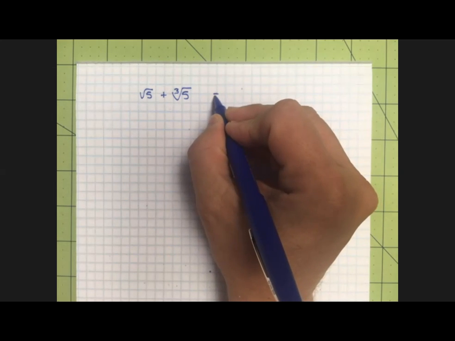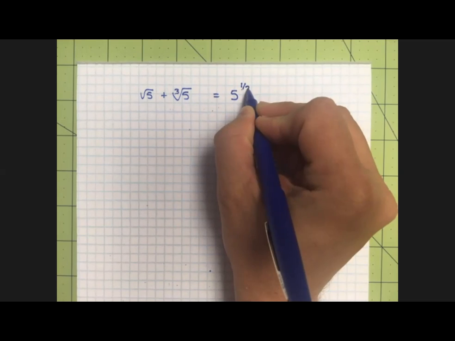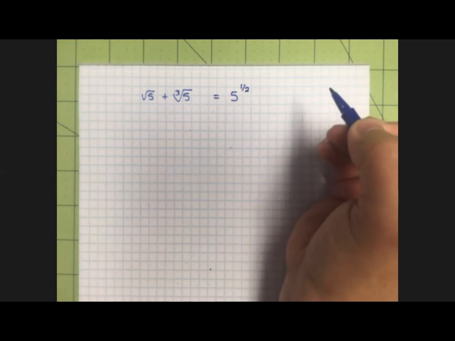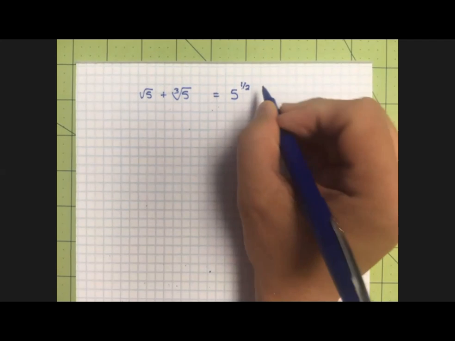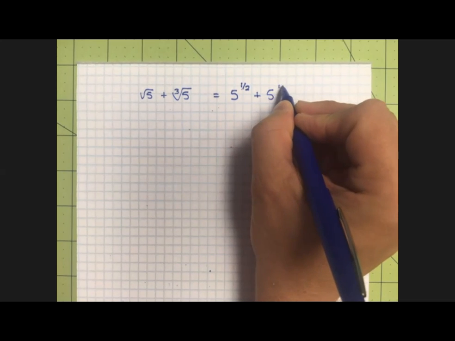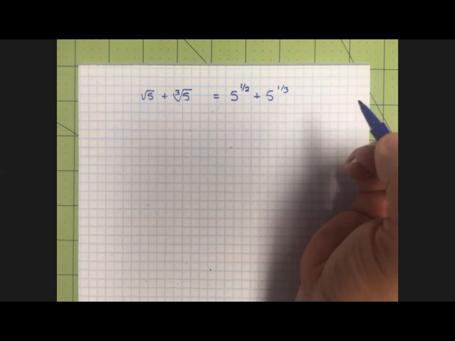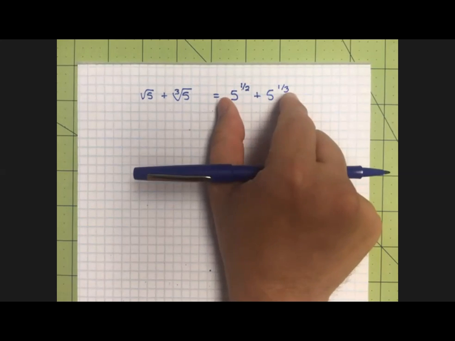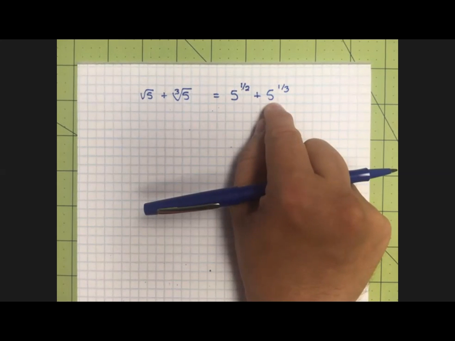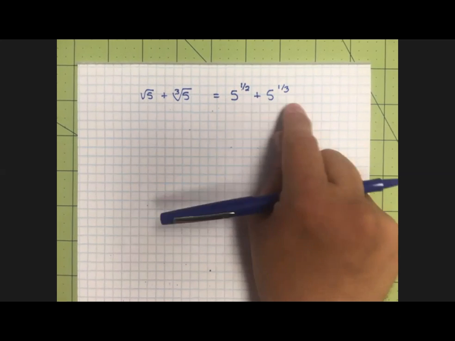See, we have to use those rational exponents. Think of the square root as a 1/2 power. And think of the cube root as a 1/3 power. Now I've got the same base here, but I can't just add those 2 expressions and pretend that I apply the power to the 5 or different versions of that power to the 5.